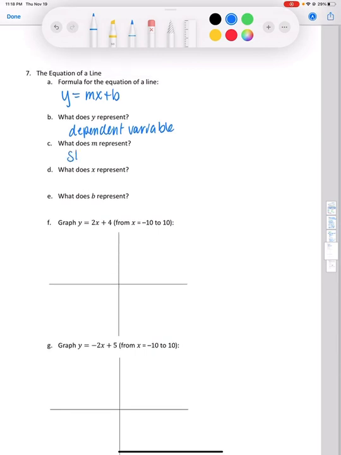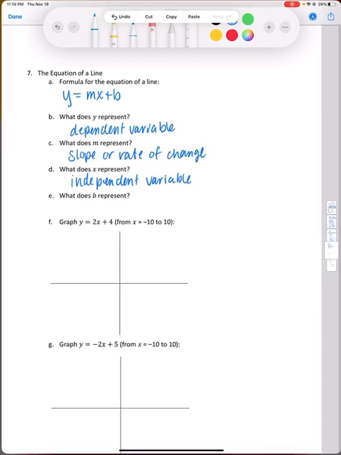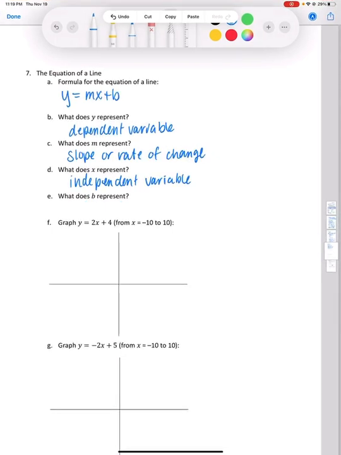We call that the slope or the rate of change. Okay, so the increase or decrease in the dependent variable divided by the increase or decrease in the independent variable. What does x represent? The independent variable. Okay, and what does b represent? Our initial value.